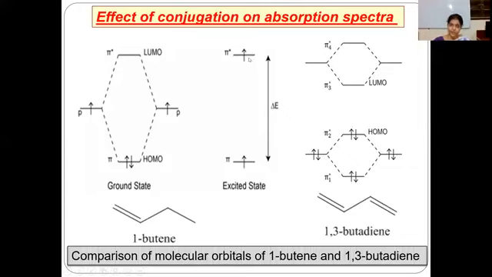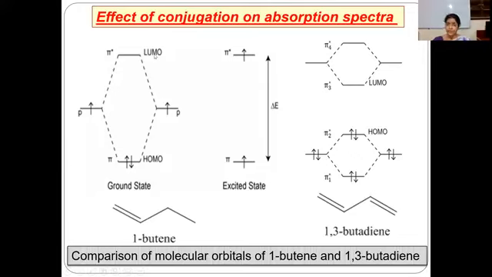Here you can see it is very clear that in 1-butene, the energy required for the pi to pi antibonding transition is approximately double the energy required in 1,3-butadiene for the transition from pi 2 to pi 3, or from HOMO to LUMO.